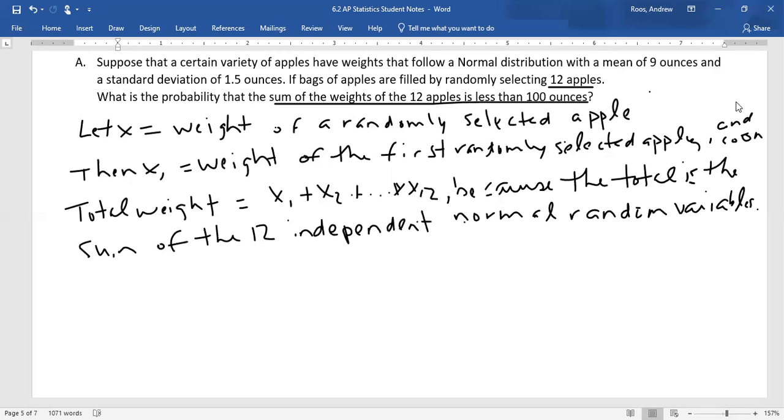Okay. So T follows the normal distribution.